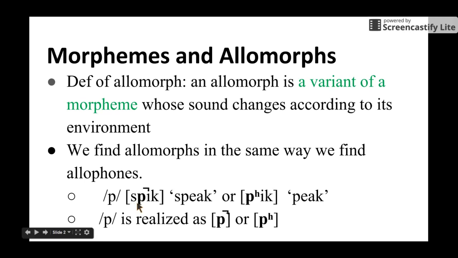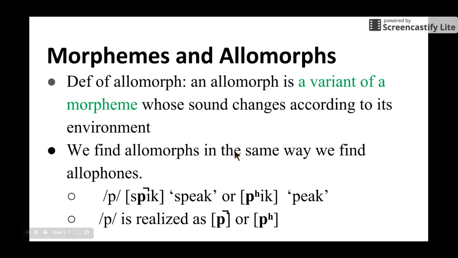For example, in speak, this P is realized as an unaspirated version. However, in peak, this P is realized as a P with an aspiration. So P can be realized as these two phones. These two phones are called allophones.